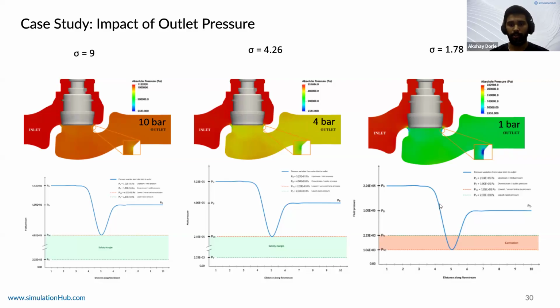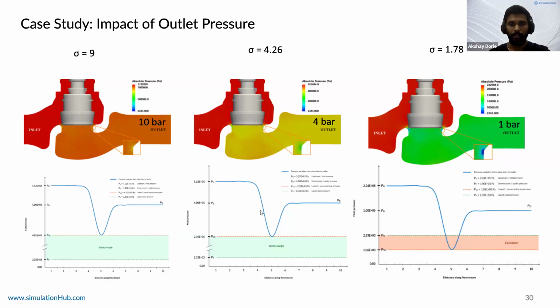Now, the interesting part to note here is that the minimum pressure here is well below the vapor pressure of the fluid, and this means that the valve is cavitating.